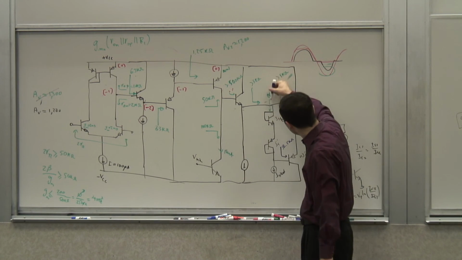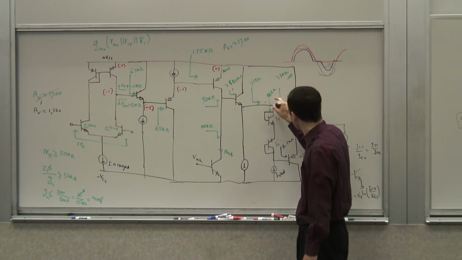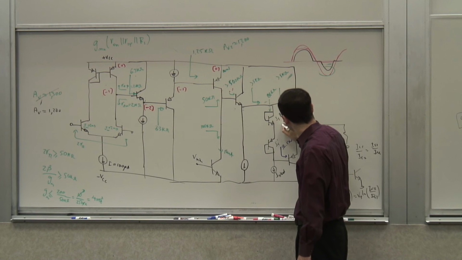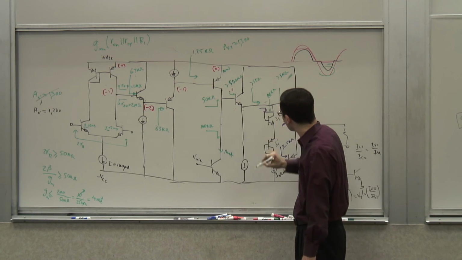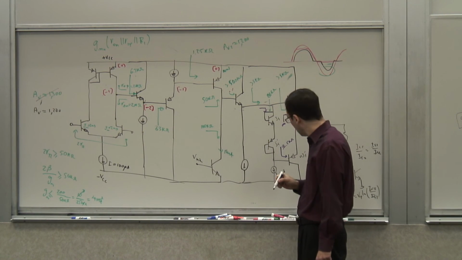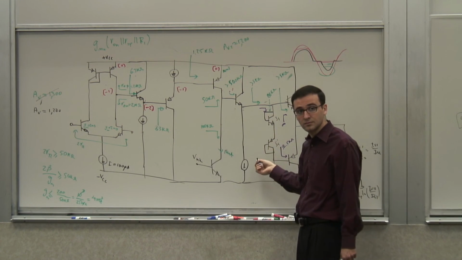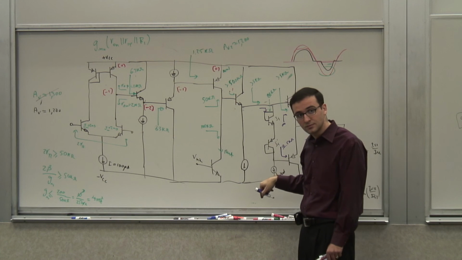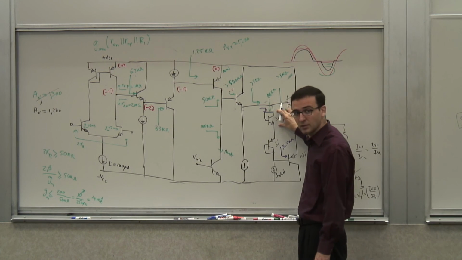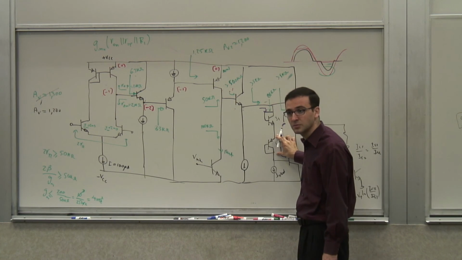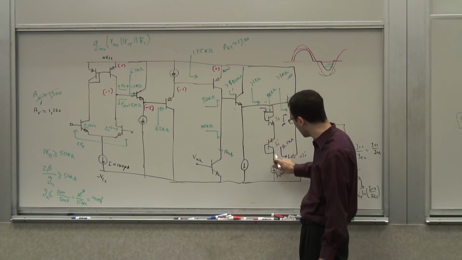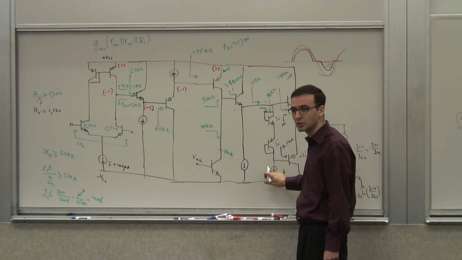Now, what is the impedance looking into here? Because this one was infinite. Now, this one becomes what? Is it 1 over GM? This whole branch is 1 over GM, in series with 1 over GM, in series with this parallel combination where we saw this was about 100 kiloohms, so I don't need to worry about that.